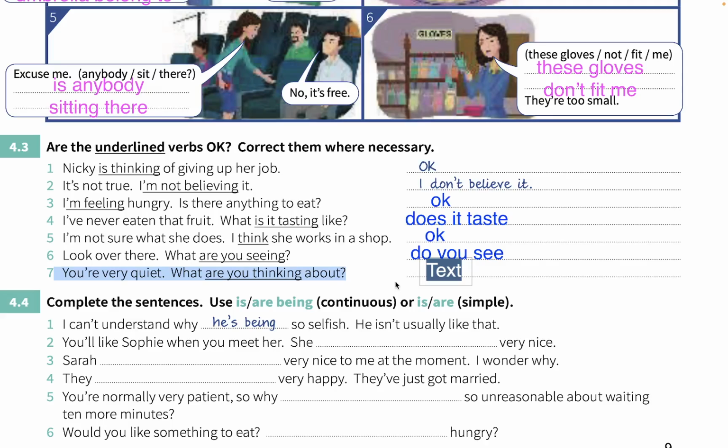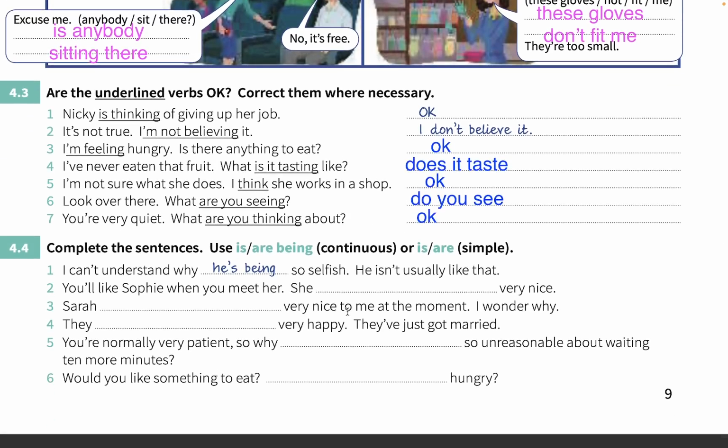Not quite right. Okay, so it's actually correct. So you are very quiet. What are you thinking about? It's the correct form. Okay. So is this clear for everybody?